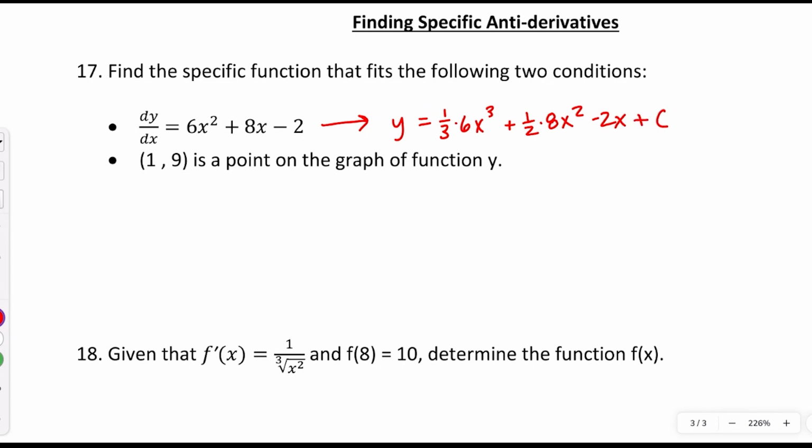If we do the multiplication, which works out nicely so we don't end up with any fractions, y is 2x cubed plus 4x squared minus 2x plus c. So this is our function y. These are all the antiderivatives that you could possibly have for that differential.